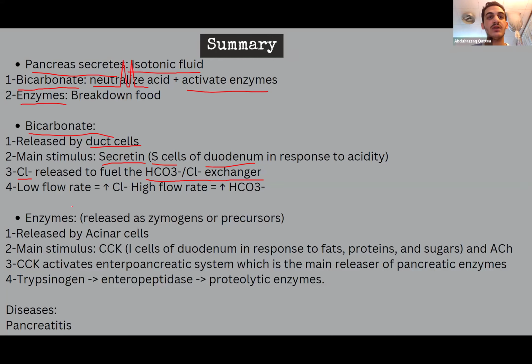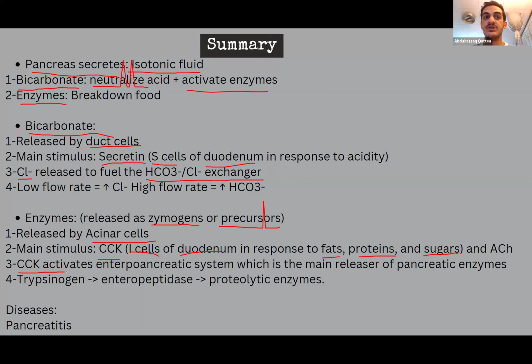And for the enzymes, just quickly, they are zymogens or precursors, which means inactive form, and they are released from the acinar cells. The main stimulus is CCK. From which cells? From I cells. From where? From the duodenum. And the most potent stimulus for CCK is fat, then protein, and least likely is sugar or carbohydrates.